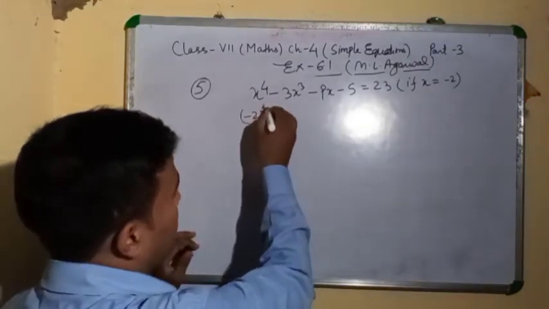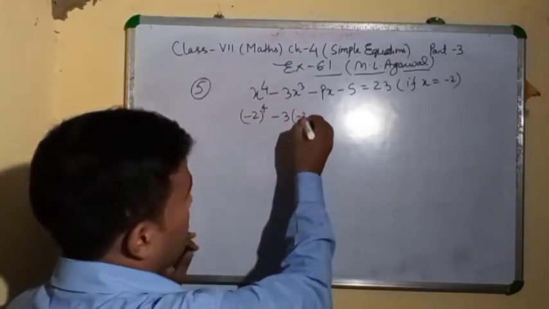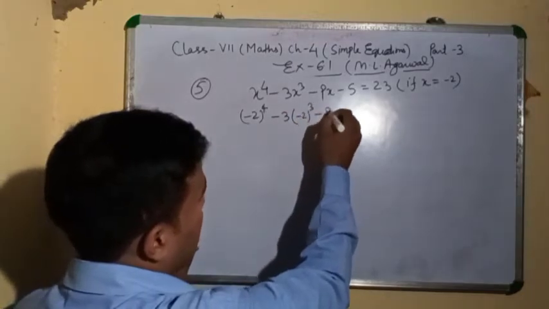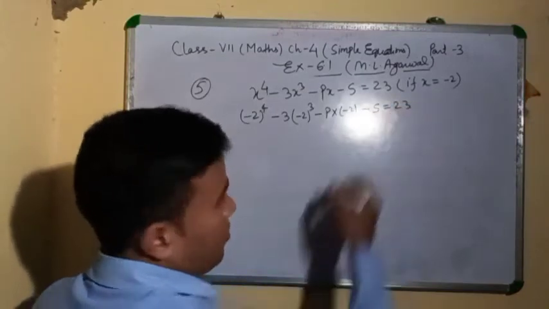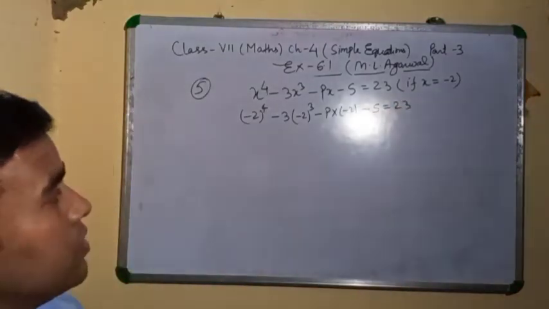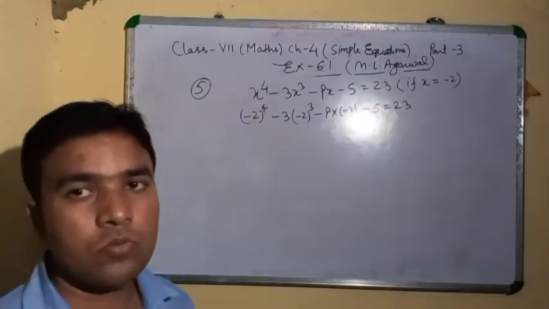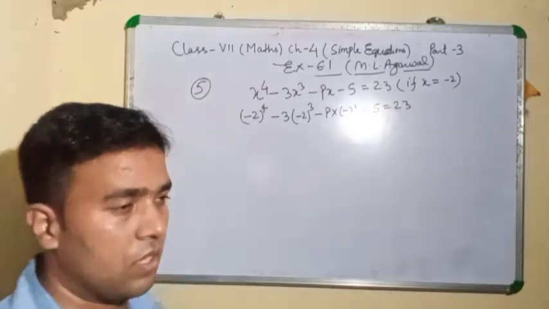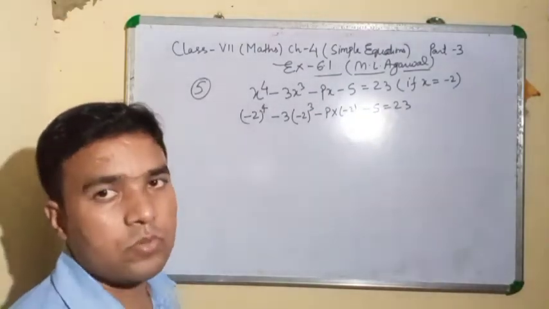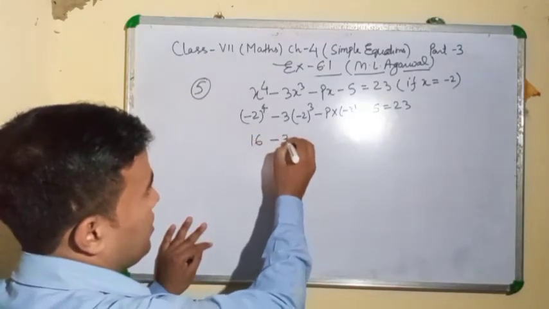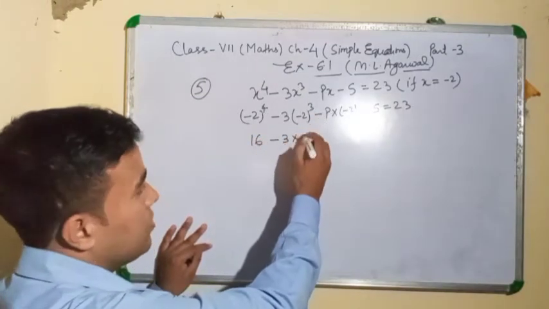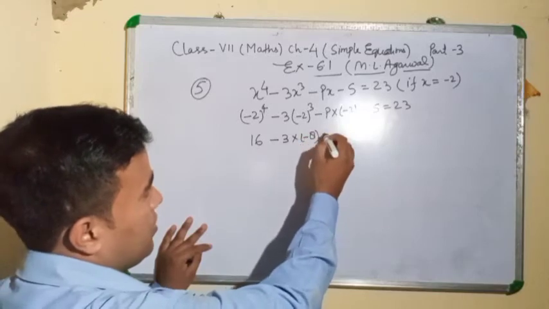Minus 2 power 4 minus 3 into minus 2 power 3 minus p into minus 2 minus 5 equal to 23. Clear? Minus 2 power 4 means you will multiply 4 times: 2 2 ja 4, 2 2 ja 8, 2 2 ja 16. Minus 2 power 3 means minus 8.